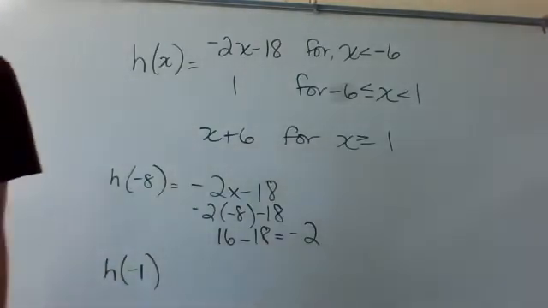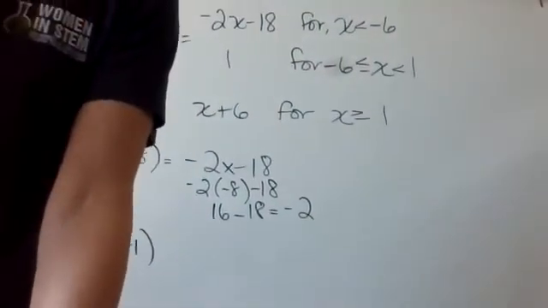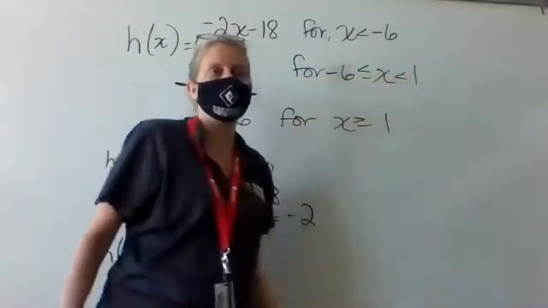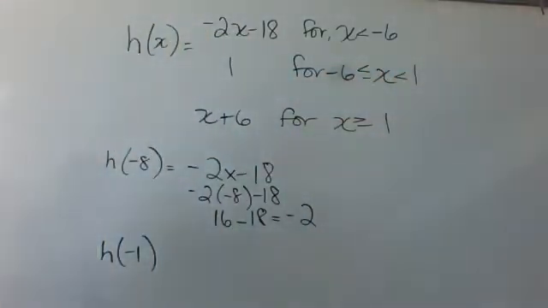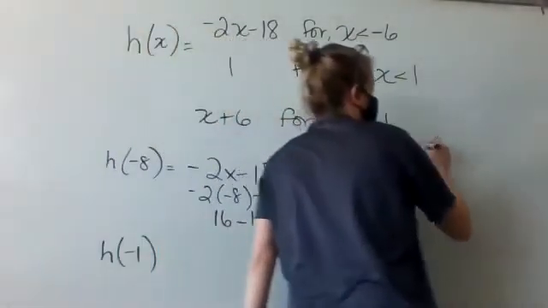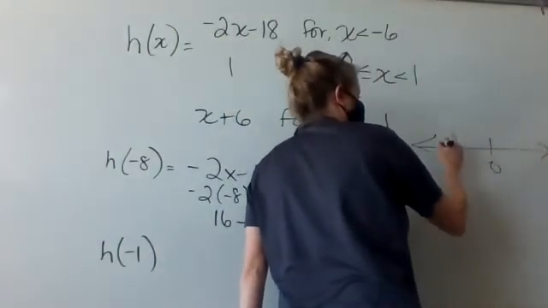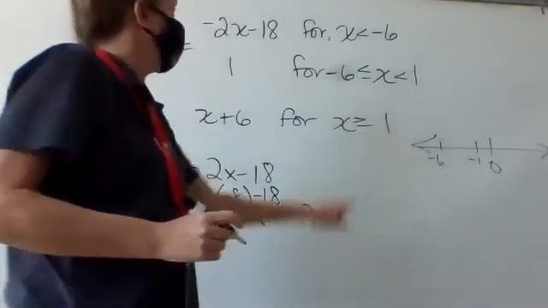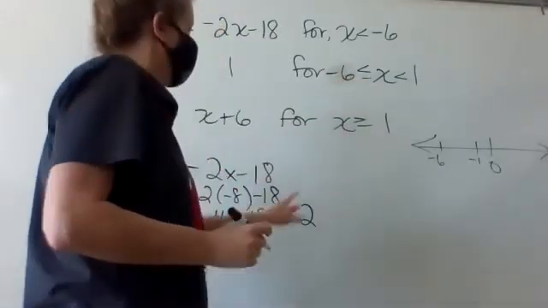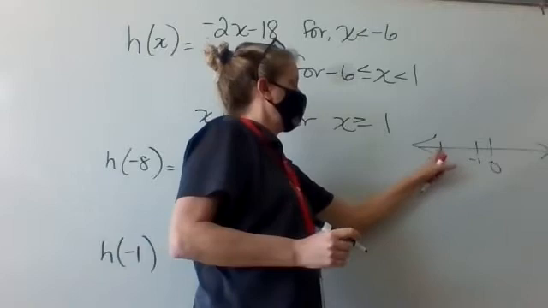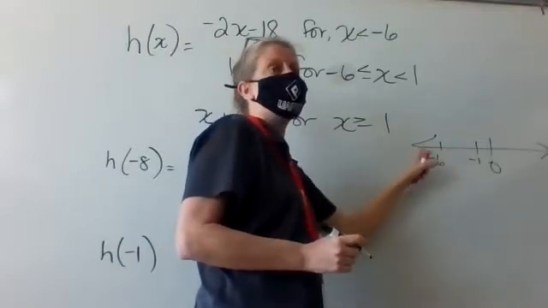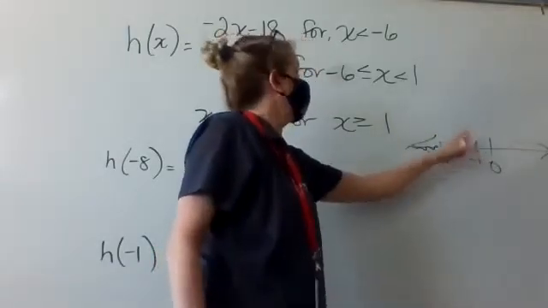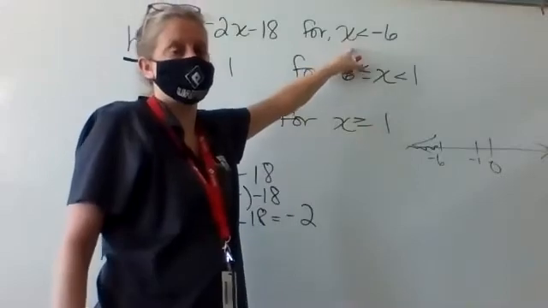I'm going to find h of negative 1. So let's see, is negative 1 less than negative 6? Look at the number line. There's 0. There's negative 1. There's negative 6. If it was less than negative 6, it would be to the left of it on the number line. All the numbers less than negative 6 are down here. So negative 1 is not less than negative 6.